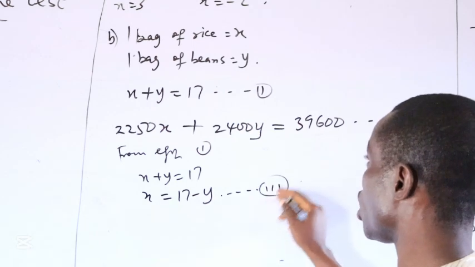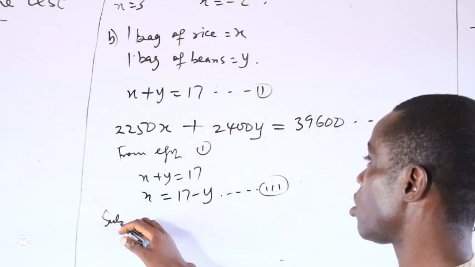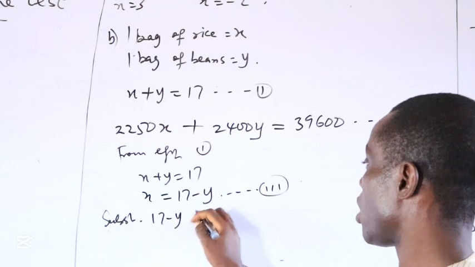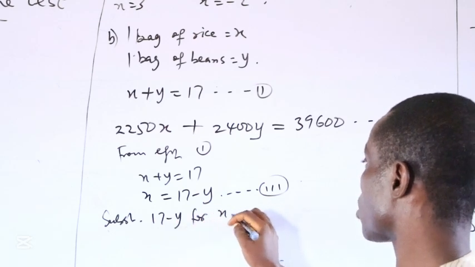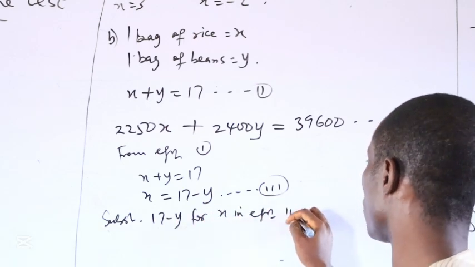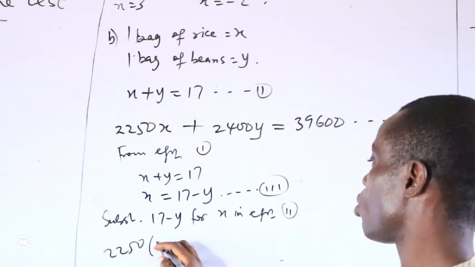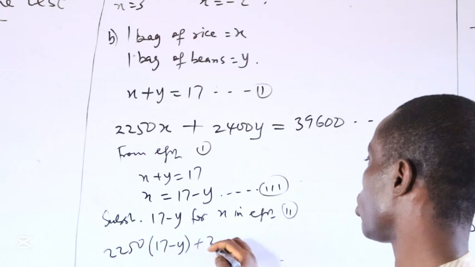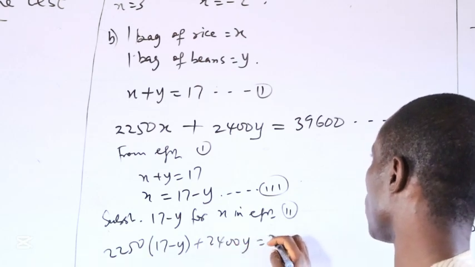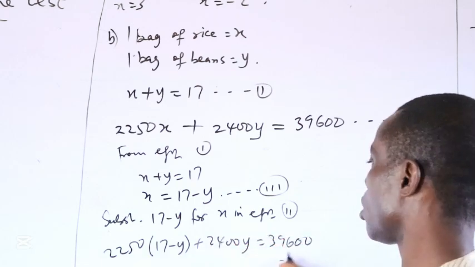After getting equation 3, you go back and substitute 17 minus y for x in equation 2, so that everything will now be in terms of y. 2250 into 17 minus y plus 2400y is equal to 39600.